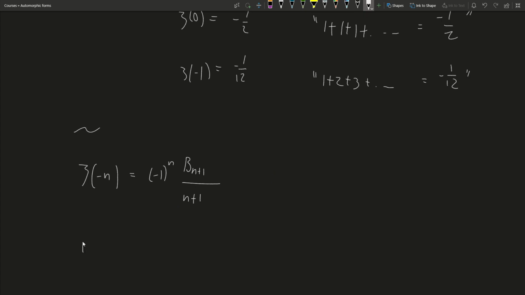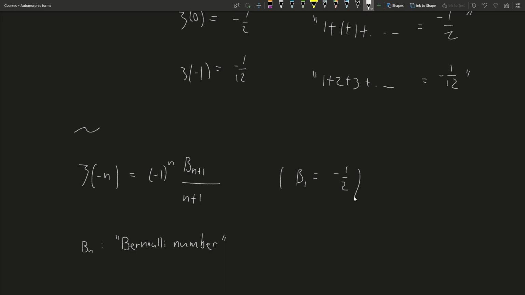So here, b sub n is the Bernoulli number, and this formula is with the convention that b1 is minus 1/2.